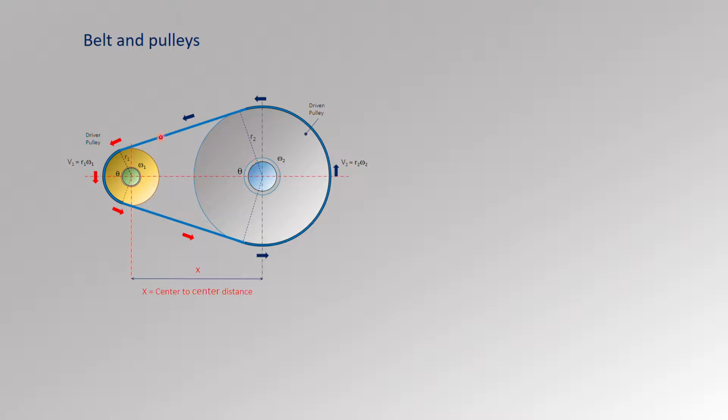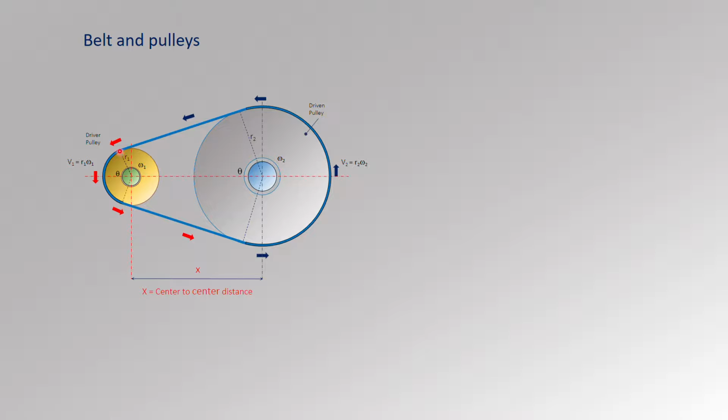So how to determine the angle of wrap or lap? From the smaller pulley, from the center of the shaft or the center of the pulley, you draw a line which is represented by the radius R1 until it touches the contact point between the driver pulley and the belt.